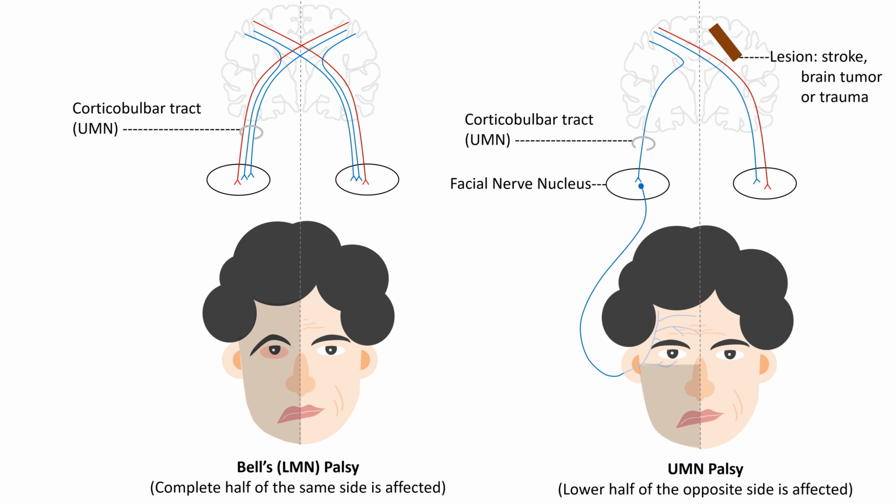Thus, in upper motor neuron palsy, it is said that the forehead muscles are spared from paralysis due to their bilateral control by both hemispheres. Such forehead sparing is not seen in Bell's palsy.